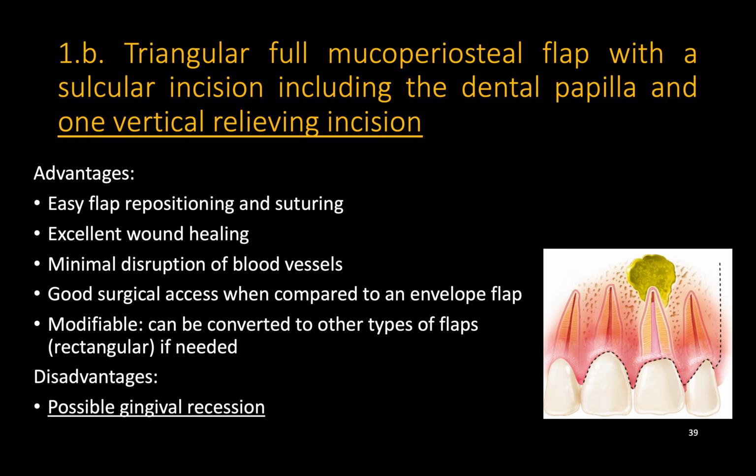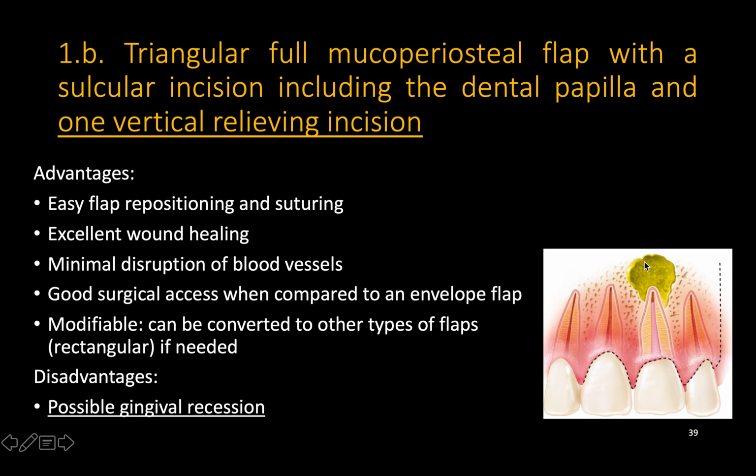The second type of full mucoperiosteal flaps is the triangular flap, which consists of a sulcular incision with 1 vertical relieving incision, and usually it is placed mesial to the tooth we're working on.